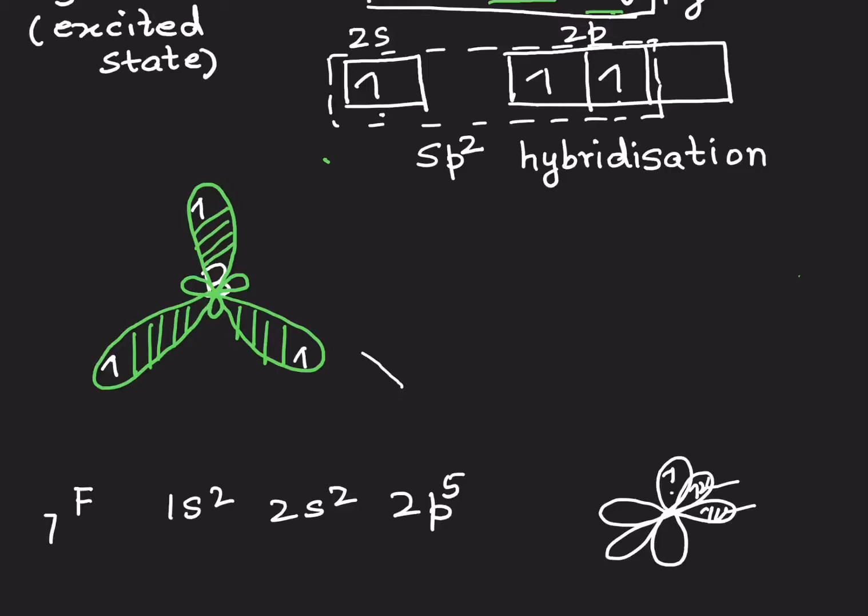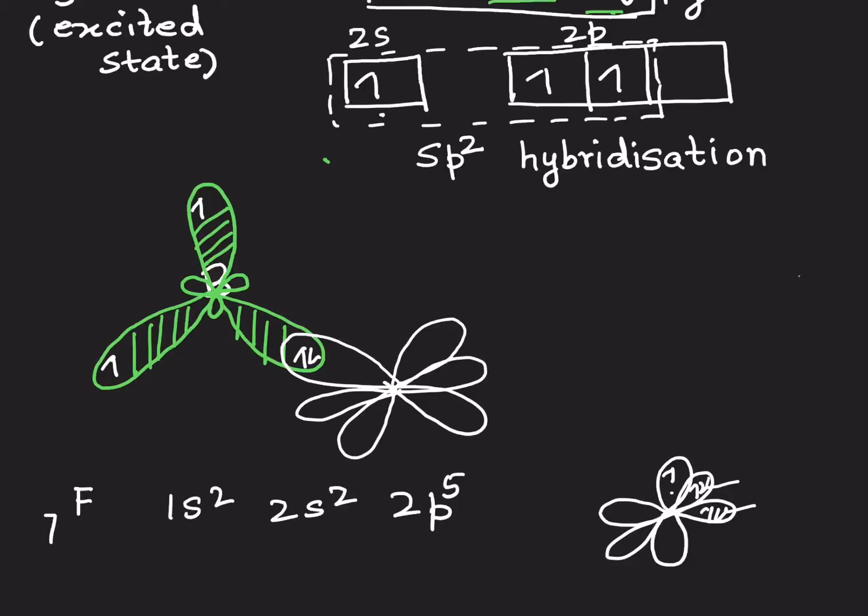It's the p orbital of fluorine which will come and overlap with the sp2 hybrid orbital of boron. The other 2 orbitals remain unaffected. They are still perpendicular to each other.